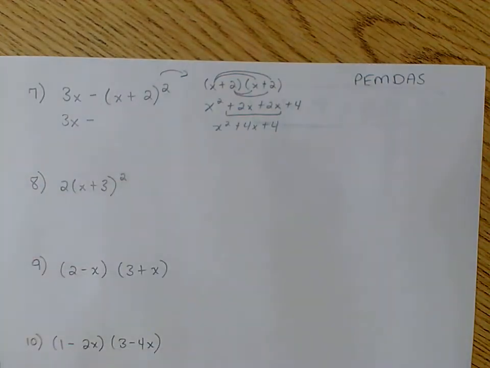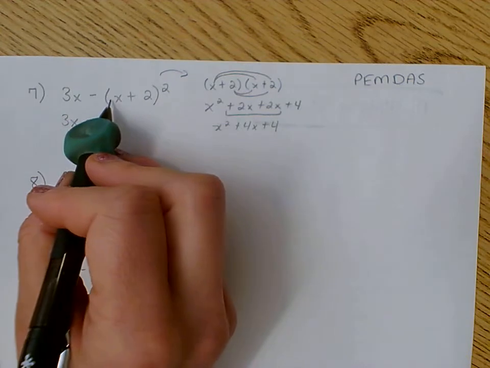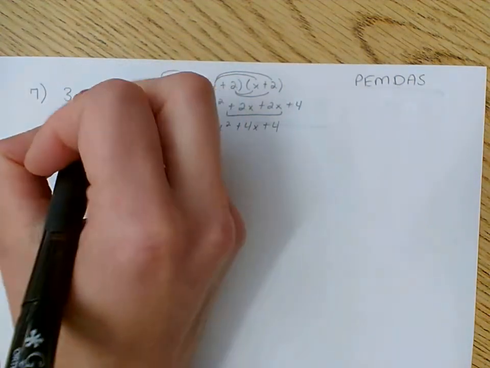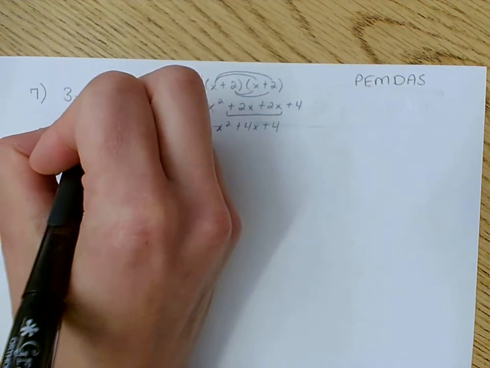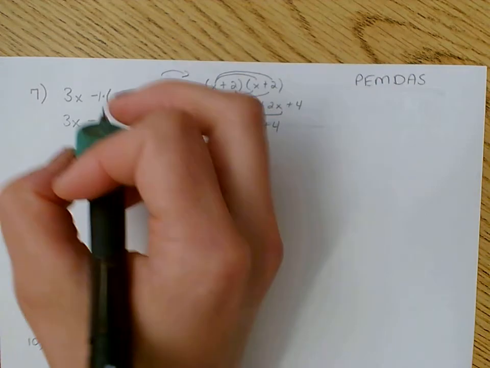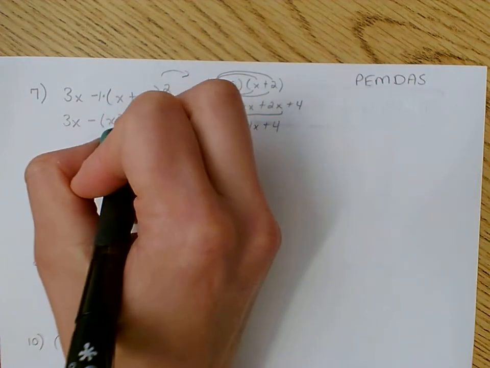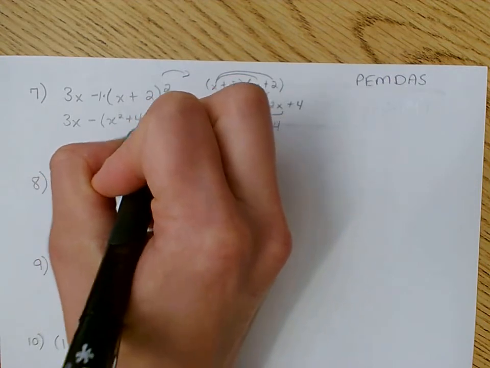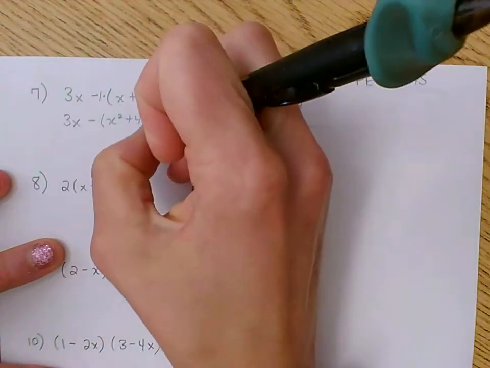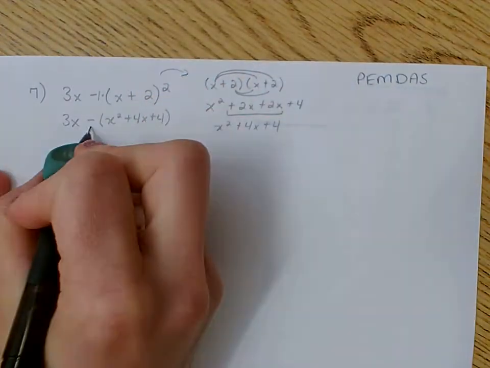Now, the other thing that you have to be careful about is notice this is a negative in front of that. What this is actually saying is this is essentially a -1 times that. So whenever you write your answer over here, you have to put it in parentheses first, because that's going to remind you to distribute your negative before you can do anything else, okay? Because that negative is right in front of that parentheses.